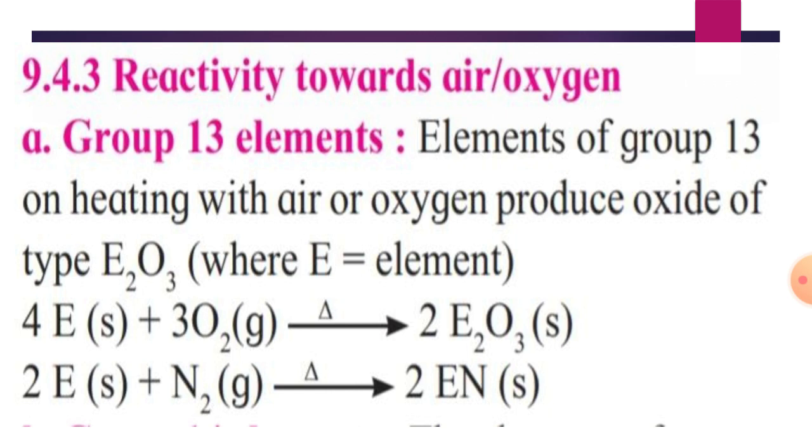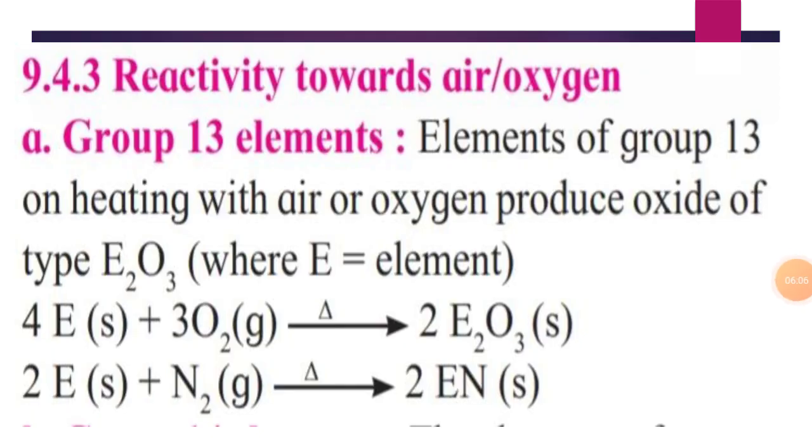So here the reaction has been given: 4E. 4 is the number we have assigned to balance the reactant. E means any of the elements of group 13, reacted with O2, that is oxygen. An arrow has been drawn, and on the arrow a triangle mark is there.